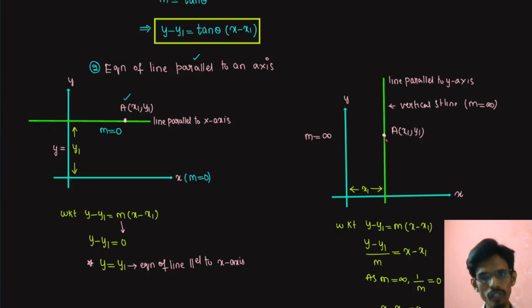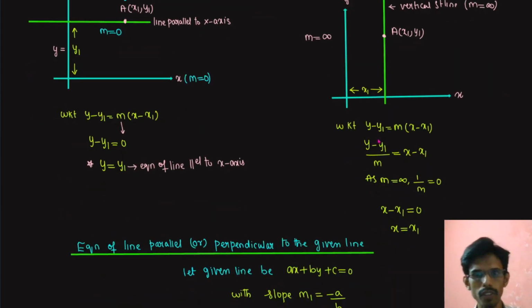It is at a distance of x1 from y axis. Now we know this point slope equation. Now take this m value in the denominator, it will become y minus y1 by m equals x minus x1. Since the slope is infinite for this line, then 1 by infinite is 0. We know this. This is the fact. 1 by infinite will be 0. Now put this value here, this quantity will completely become 0. So we will get 0 equals x minus x1.